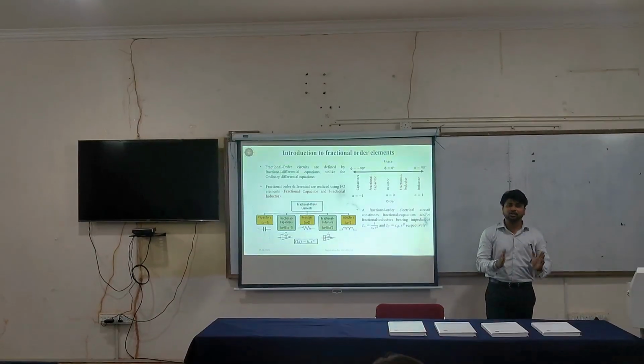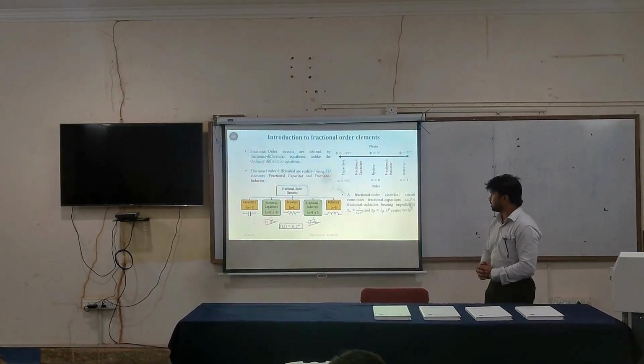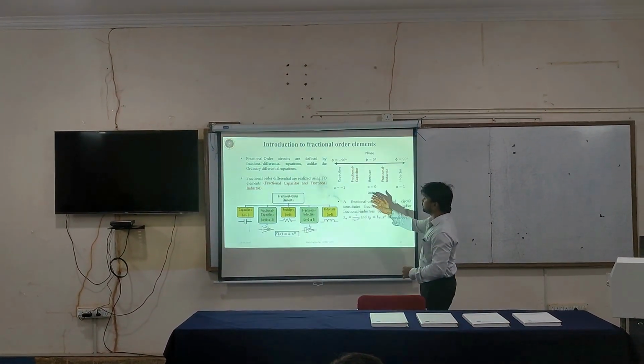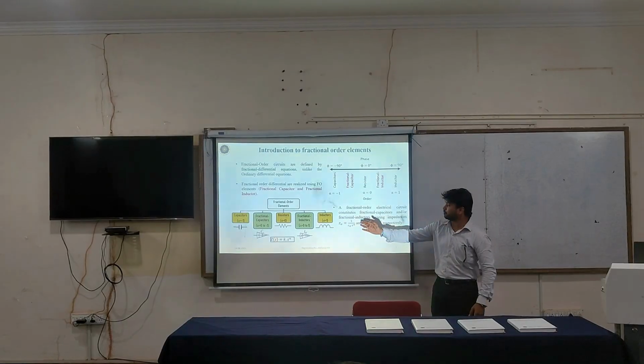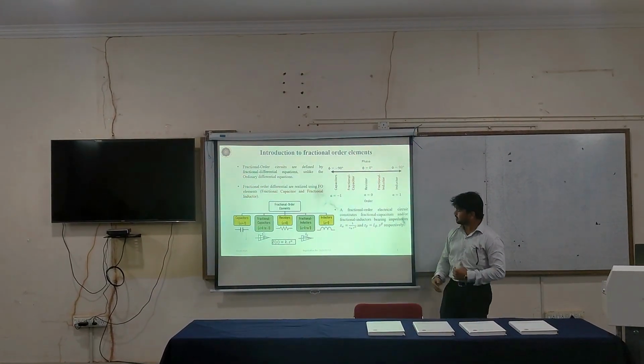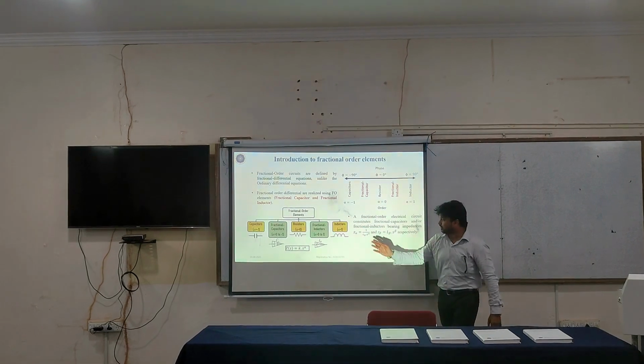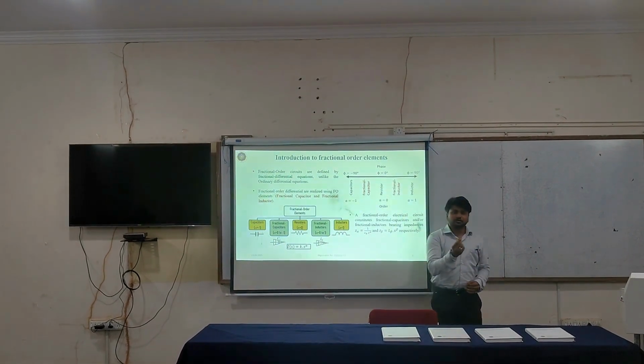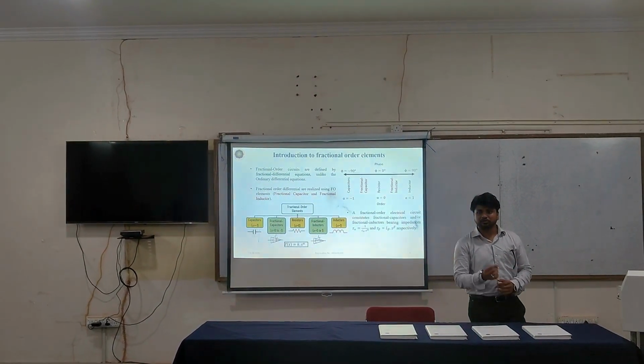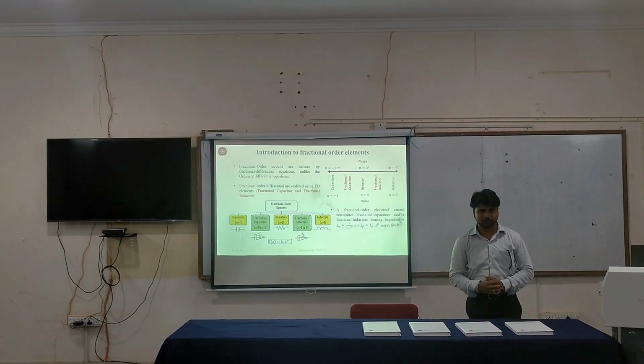But it has to be a constant phase behavior. The transfer function of a fractional capacitor is 1 by Cs to the power alpha, and that of a fractional inductor is Ls to the power beta, where alpha and beta are fractional values from 0 to 1.